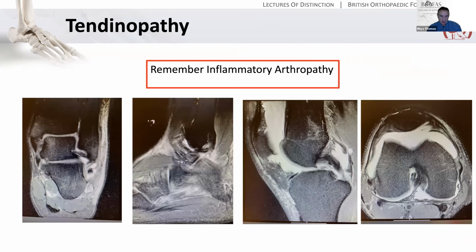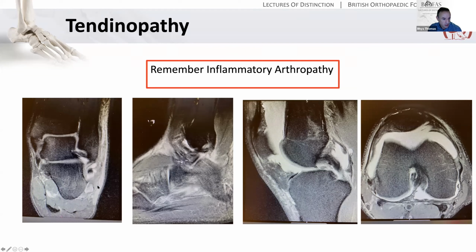So just as a final thing that I wanted to point out, please remember in these patients that you may be dealing with an unrecognized inflammatory arthropathy. This was a professional footballer who presented with a completely ruptured peroneus longus tendon.